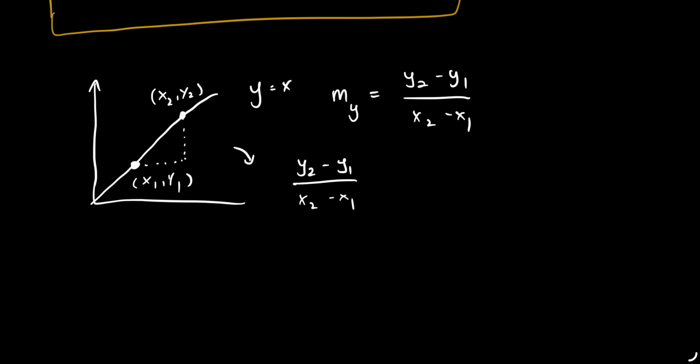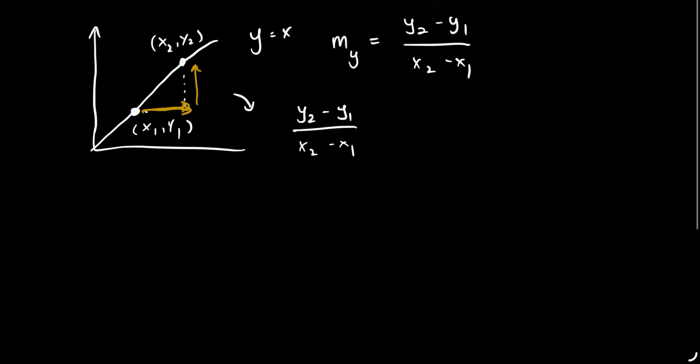Basically, a tiny change in the x-axis and a tiny change in the y-axis. So what is the change in y over the change in x? This is what the gradient function does.